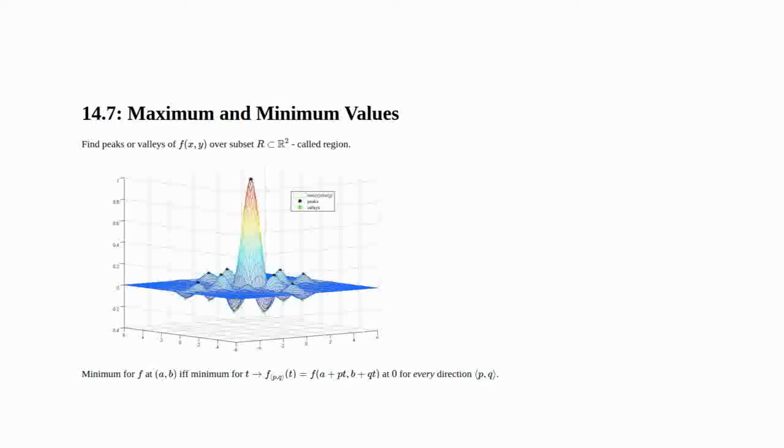So (p,q) here is a unit direction vector. For every direction (p,q), we do this. We take f of (a + pt, b + qt), and we look at that at 0 for every single direction. And so that should give us a critical point at 0 for every single direction. And we could check for that, and we could then use the first derivative test around that for every single direction.